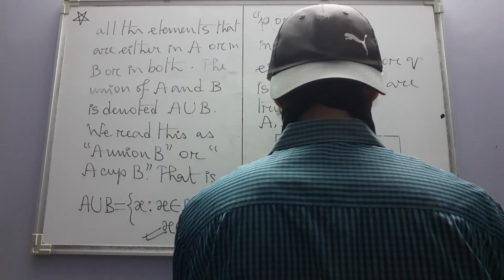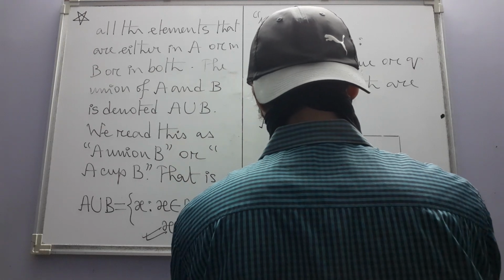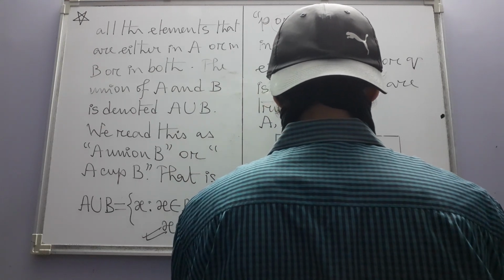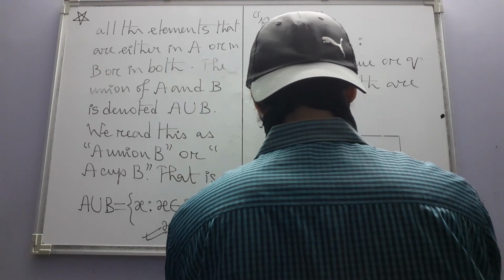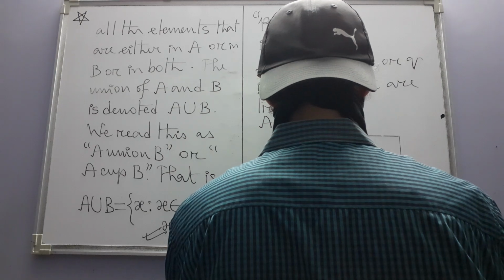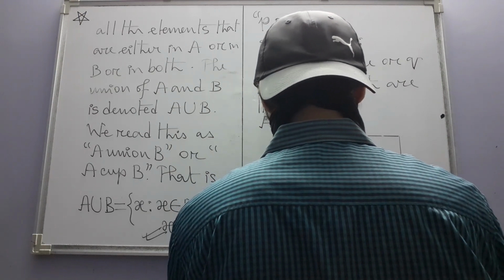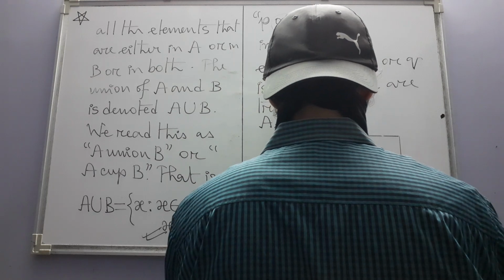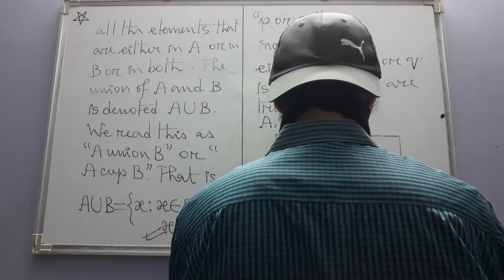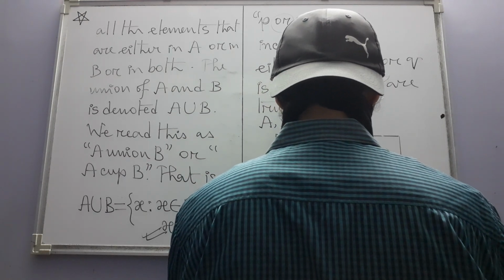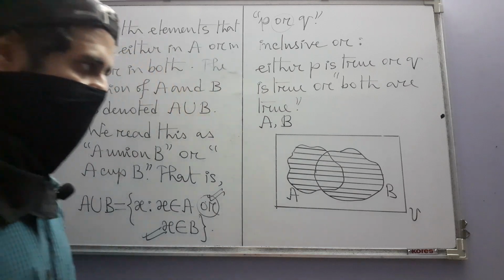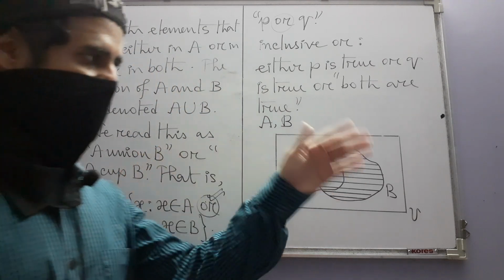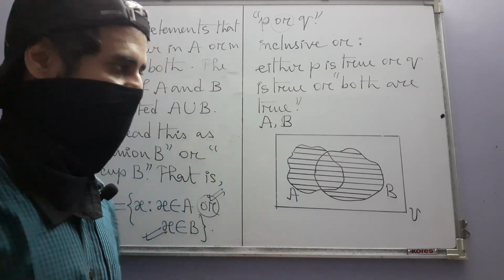Here, however, we do not have any, we have only black. So we have to devise some other way of showing what the region that represents the union of A and B is. And what we normally do, because while writing the exam also you won't have color, so we use parallel lines like this.